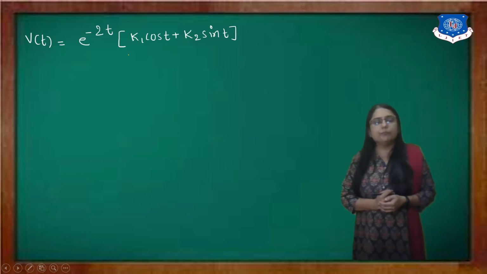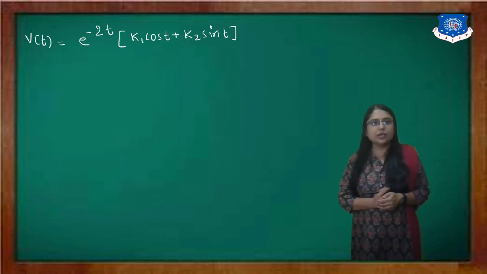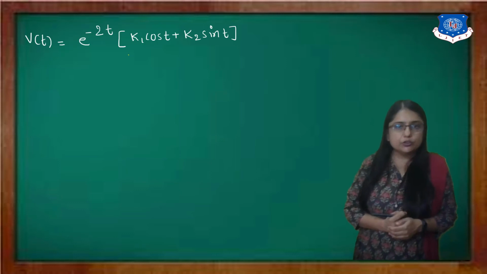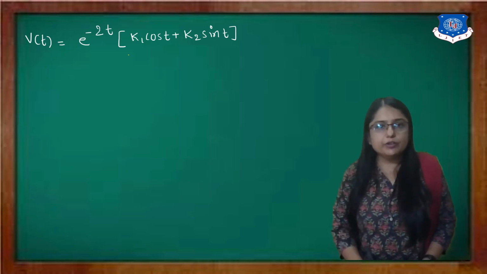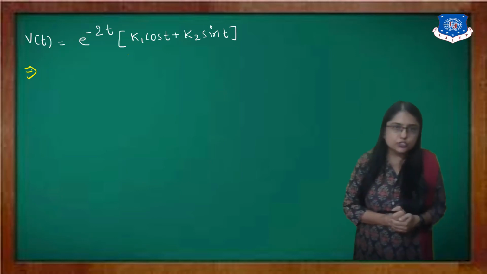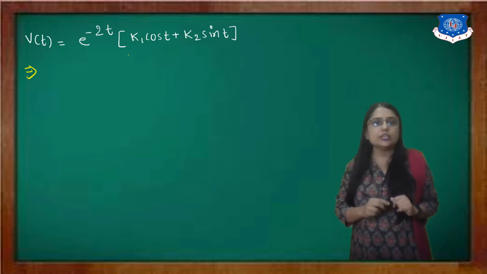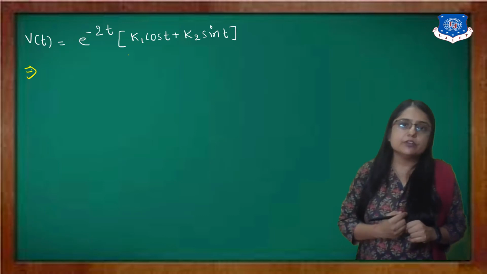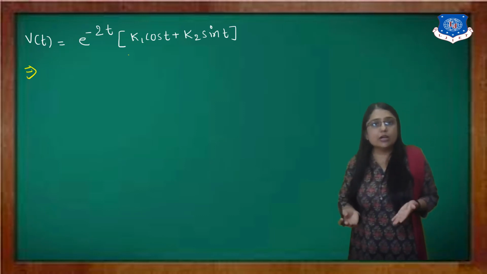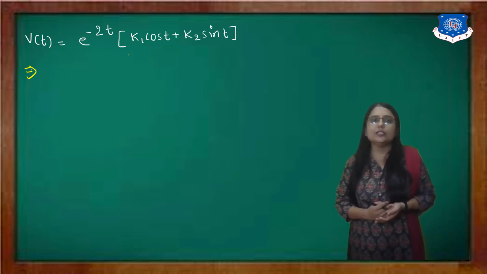Now, this is known as the general solution. But we are interested in finding the particular solution. So here we will find the particular solution using the initial conditions. One thing is given to us, that is zero capacitor voltage and zero inductor current.